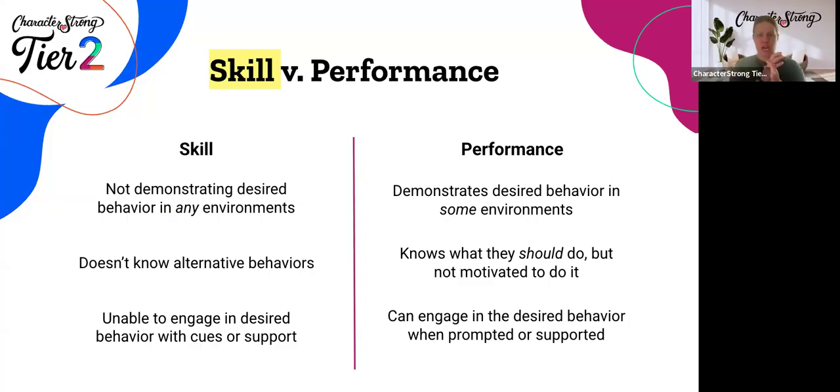So Rosalind put in the chat, if you can think of students that have an acquisition need and how you knew that, or if you're thinking about a student right now and you thought it was a skill need, but now that I'm explaining this, you actually think it's a performance need. That can also happen, where we tend to default and assume that it's a skill-based need all the time. We always assume that the student needs instruction. They need to see the counselor.